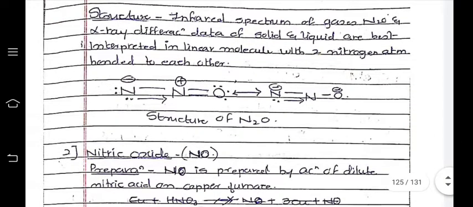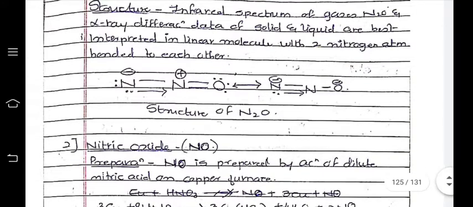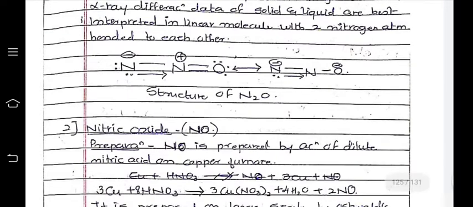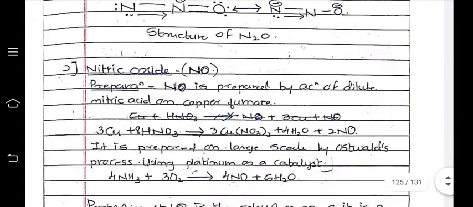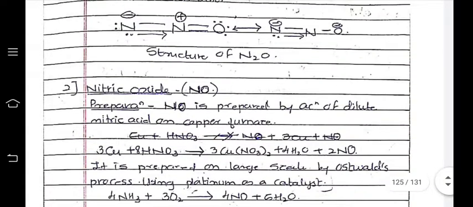Structure: infrared spectra of the gas N2O and X-ray diffraction data of the solid and liquid are best interpreted in terms of a linear molecule with two nitrogen atoms bonded to each other. Structure of N2O.